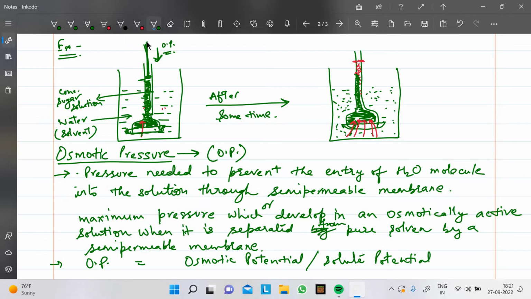I discussed it earlier, and its value is always negative. The value of osmotic pressure is always negative, and it is always equal to the solute potential. It depends on the concentration of solute molecules in the solution. We define how much osmotic pressure is required to prevent the entry of water molecules.